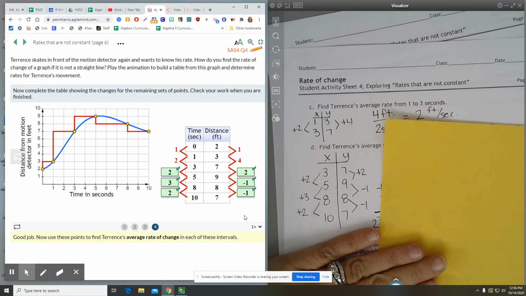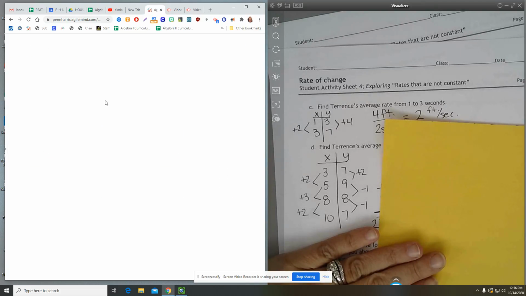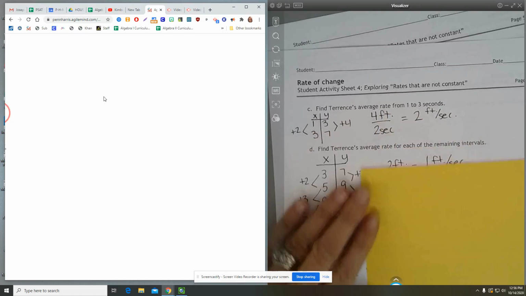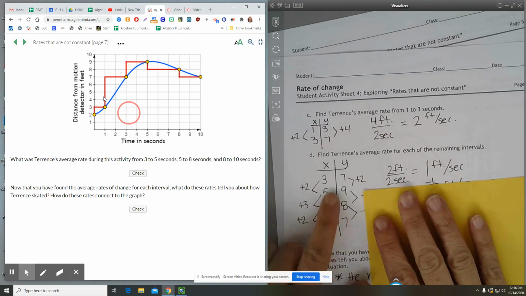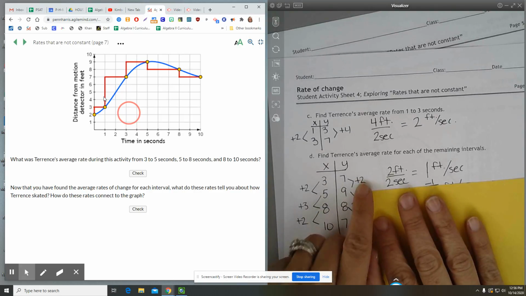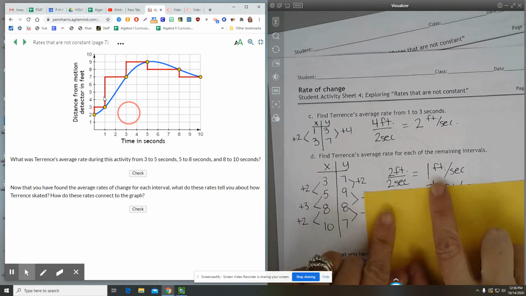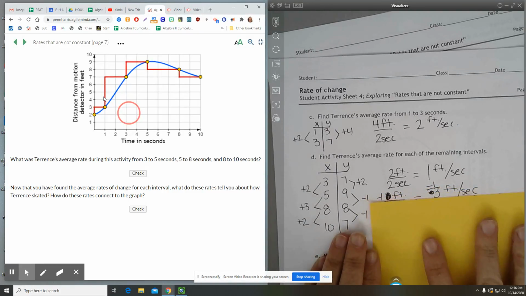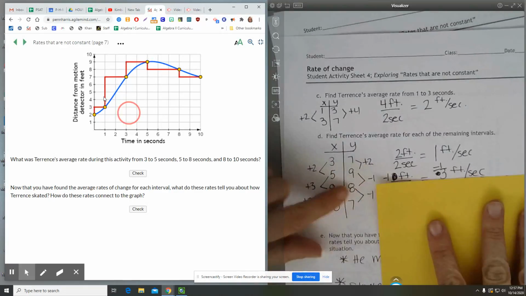Now they want us to find what his average speed is during each of these intervals. Okay. So what we're going to do is calculate this out. We said 2 over 2 from 3 to 5. 2 feet for 2 seconds. That simplifies into 1 foot per second. On this next one, again, the Y goes first.